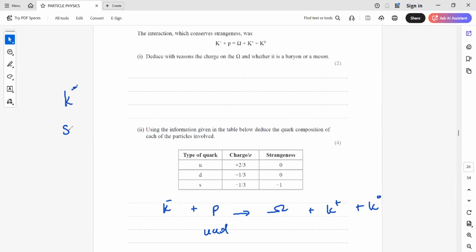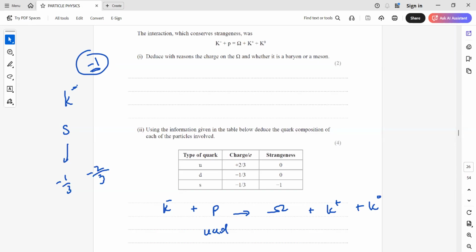So it means one of the particles is a strange, and it has a charge of -1 as well, according to the question. The strange particle has a charge of -1/3. So I need another particle, an anti-particle, with a charge of -2/3 so that the sum will come out as -1.